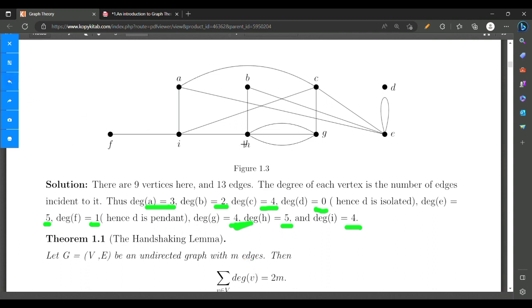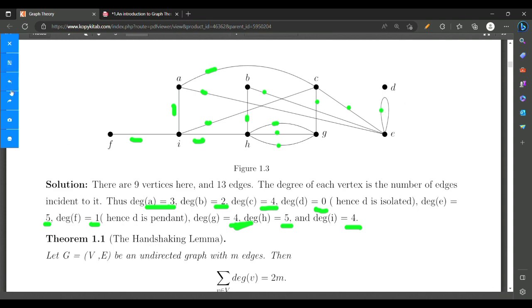Now we will find the number of edges. Here 1, 2, 3, 4, 5, 6, 7, 8, 9, 10, 11, 12, 13, 14.